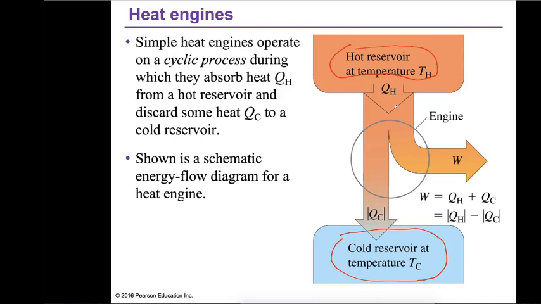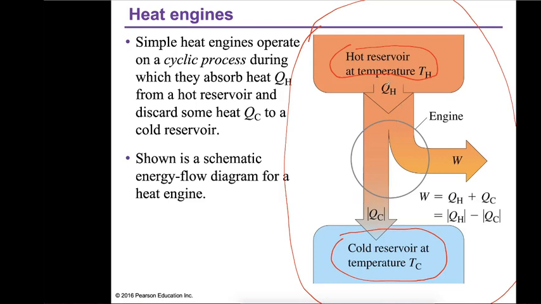So in the work and energy lecture, we have learned that for the whole system, if we consider this as a whole system, the change of the heat and the change of the work should be zero. So the change of the heat must be converted into the work.